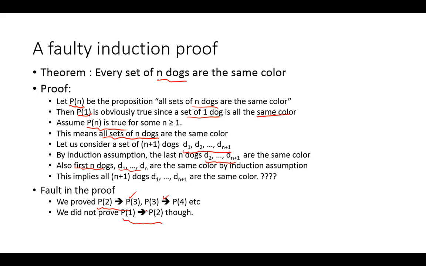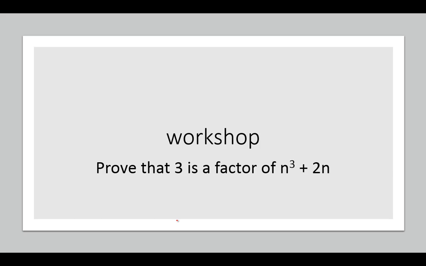So this is an example where the induction fails because we did not check whether our assumption, that any set of n dogs being the same color implies any set of n plus 1 dogs are the same color, is actually false. So that's a faulty induction proof because one of the things we assumed, that P1 implies P2, actually fails.